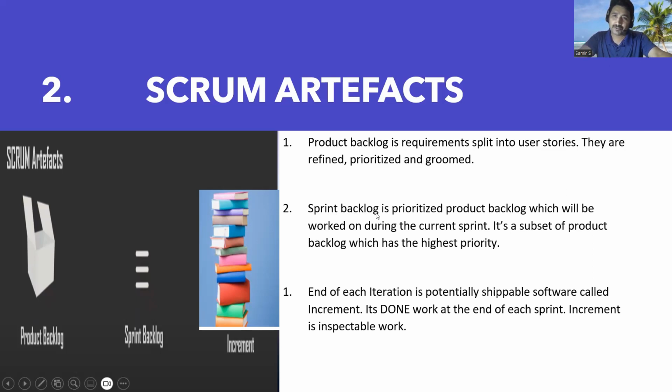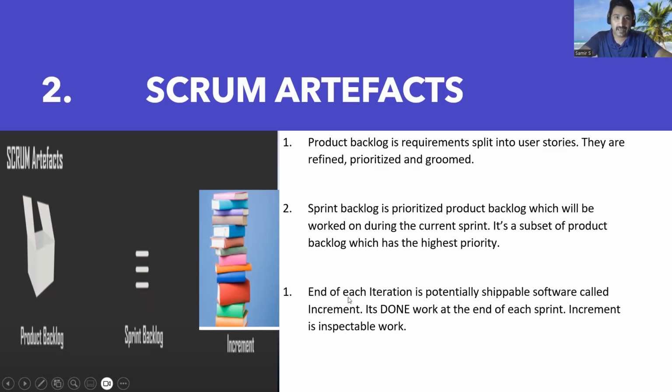So sprint backlog is basically a subset of the product backlog, the most important subset, which will be worked on in the upcoming sprint. It's the subset of the product backlog which has the highest priority. That's what sprint backlog is all about.